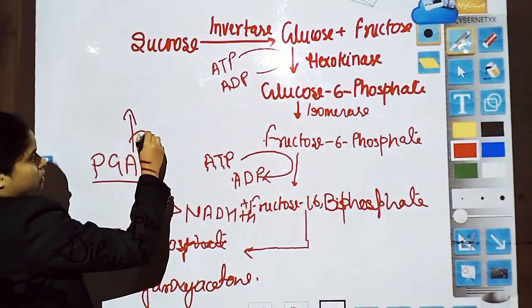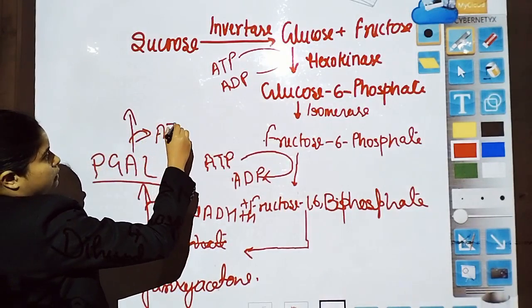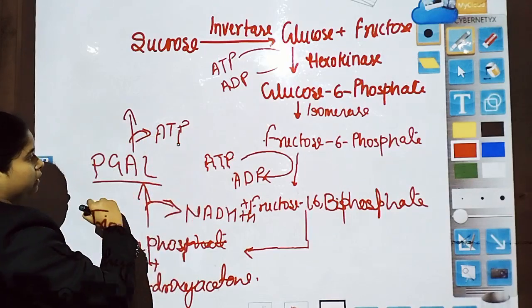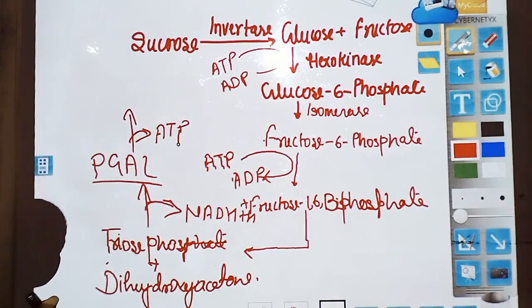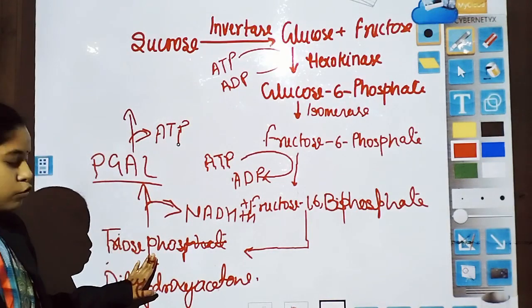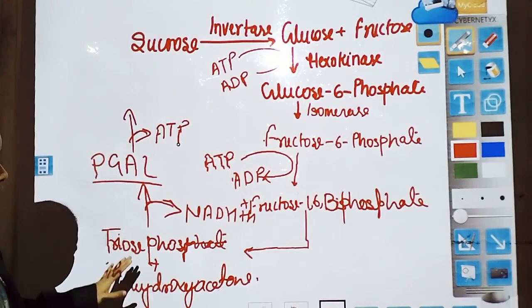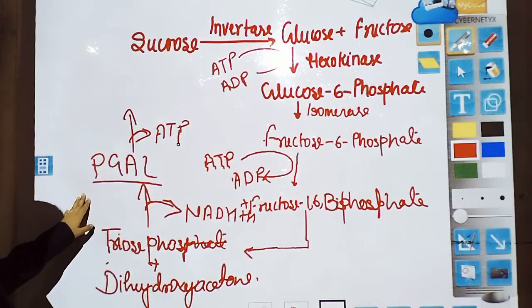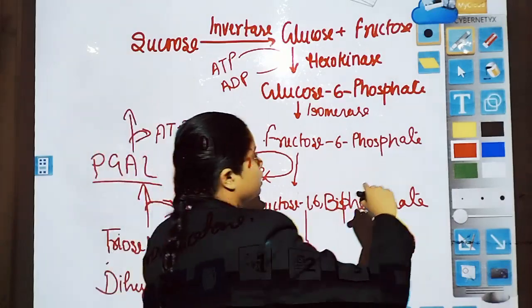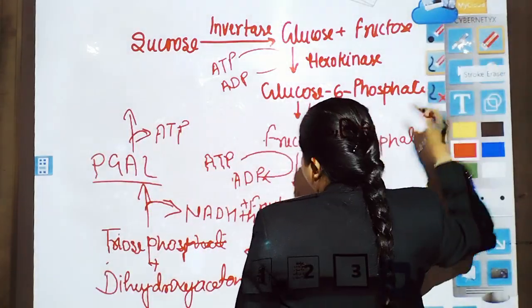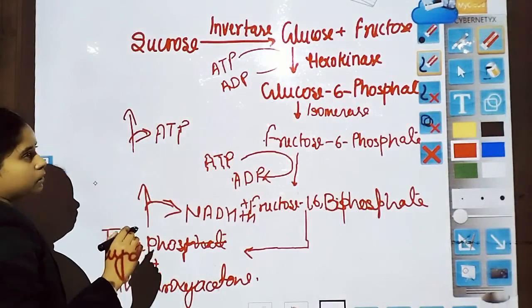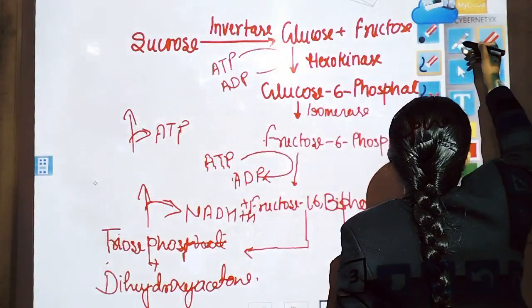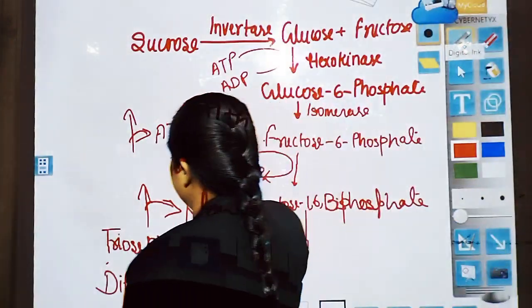Again in this step ATP gets synthesized. Triose phosphate is PGAL, phosphoglyceraldehyde. Here there will be formation of 1,3-bisphosphoglyceraldehyde, so 2 phosphates are present.